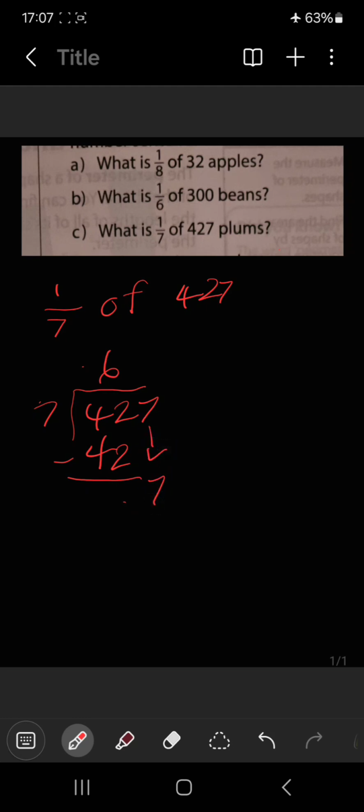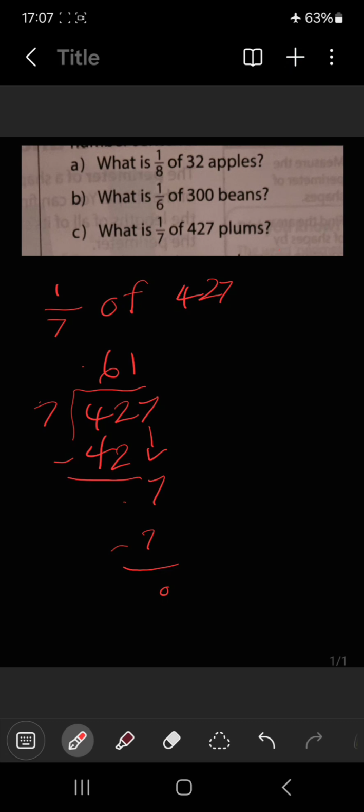Then you ask yourself, how many times can 7 go into 7, which means 7 divided by 7. It will equal 1. Then you multiply 7 times 1, 7. Subtract 7 minus 7 equals 0. So we now know that 427 divided by 7 will equal 61.